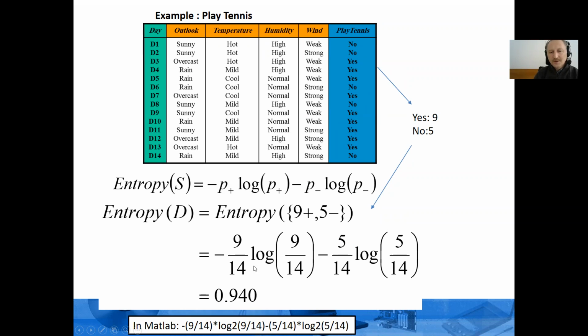You can also use Python or a scientific calculator. But when using a scientific calculator, don't use the normal logarithm. Be careful and use log base 2, because we are working with a binary class.